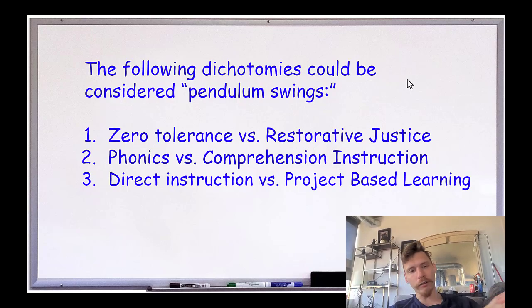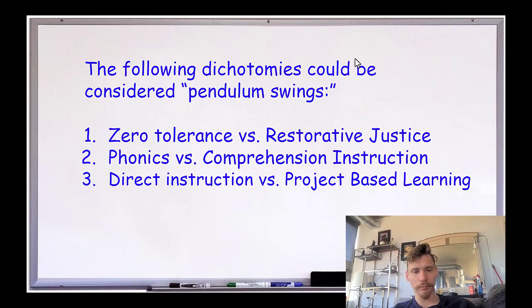Whereas direct instruction is, do we tell the kids directly what to learn and how to learn it? Or do we allow kids the flexibility and the freedom to kind of explore a topic of their choice and then learn on the way, learn incidentally? So these are just three examples of dichotomies that kind of become pendulum swings in education.